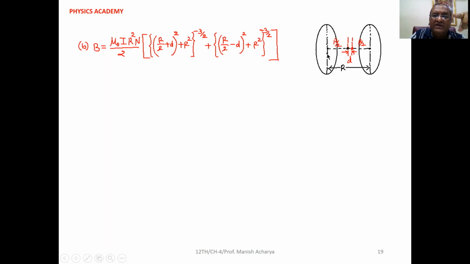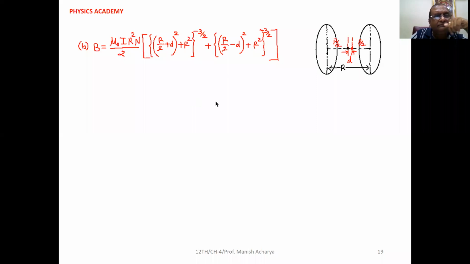Current through both coils is in the same direction, so the field at the axis will be in the same direction. So the resultant field is the summation of these two, and this denominator part is written in the numerator, so its power is taken as raised to minus 3 by 2. Clear up to this one?